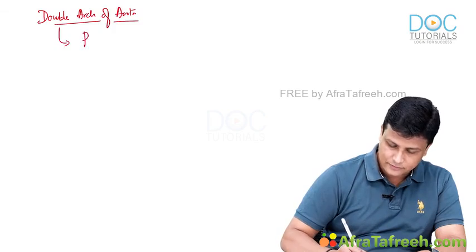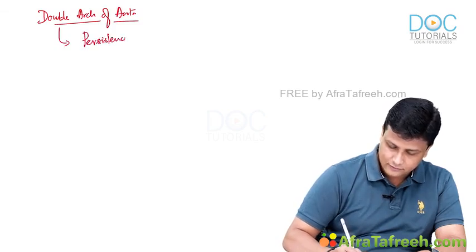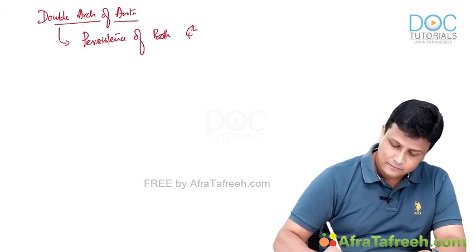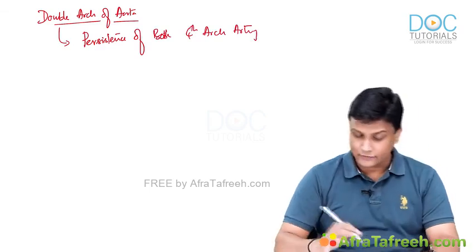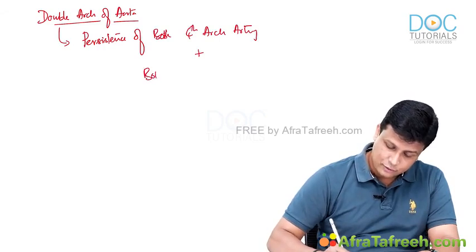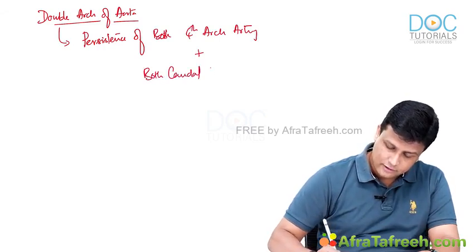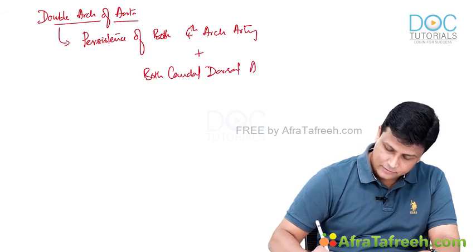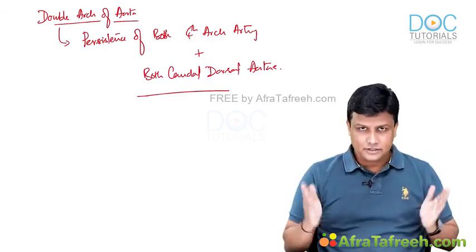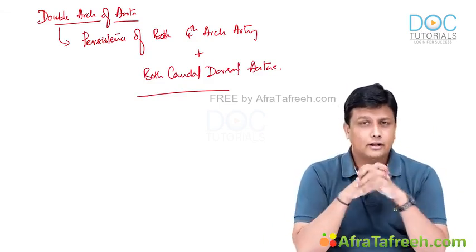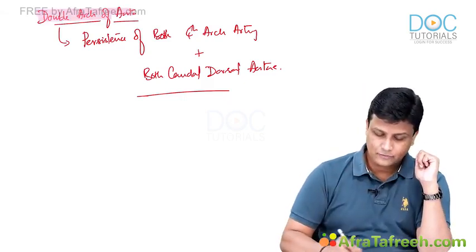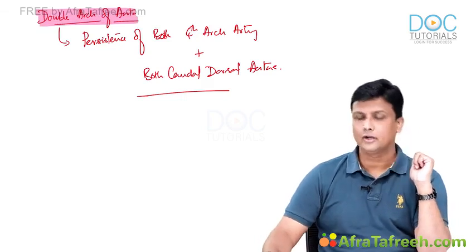Because of persistence of both the fourth arch arteries, I mean both right and left, as well as persistence of both caudal dorsal aortae. So the persistence of both fourth arch arteries as well as the caudal part of the dorsal aorta forms the complete double arch of aorta, guys. That is one more anomaly that you have to remember here.